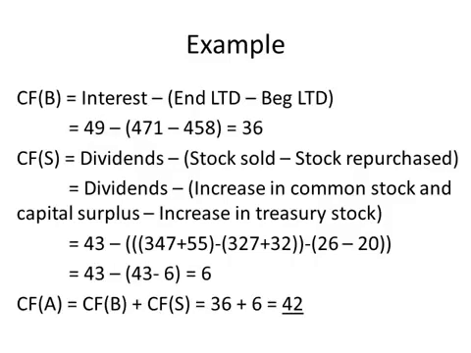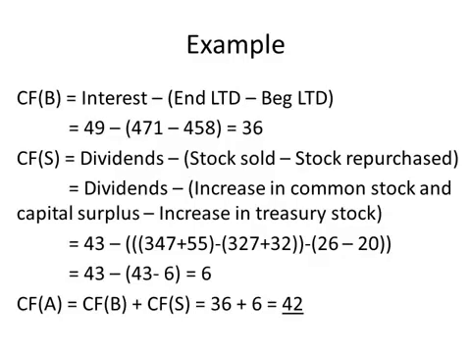And then I need to subtract out the increase in the treasury stock. Why? Because the treasury stock represents stock that has been repurchased. And that account increased from 20 to 26 between our two periods. And so that means that over the year, the firm repurchased an additional $6 million worth of stock.